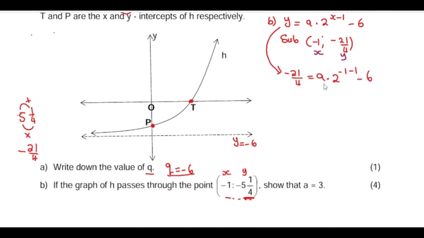So the aim is to isolate this term. Make sure that this term is on each side. So we can write this as negative 21 divided by 4. The 6 comes to the left hand side to be positive 6. Then this is equals to a times 2 to the power negative 2.